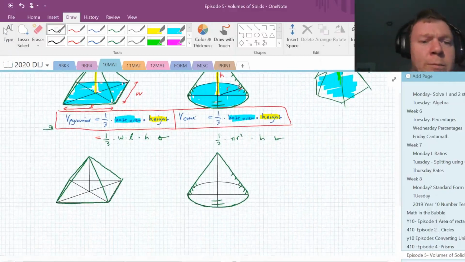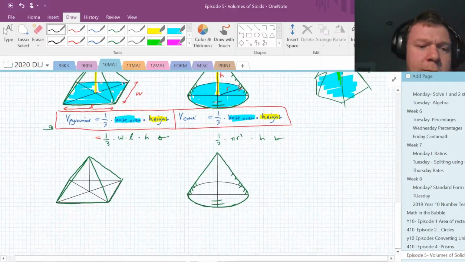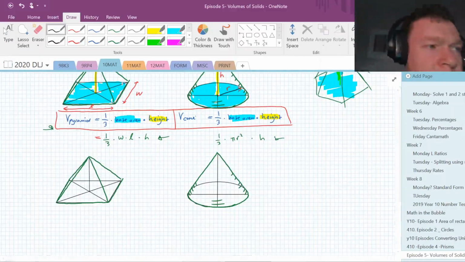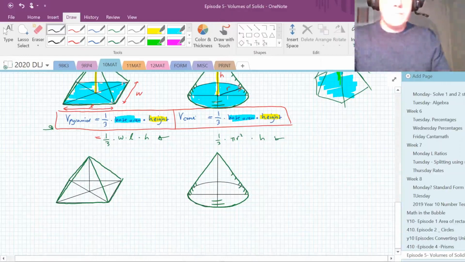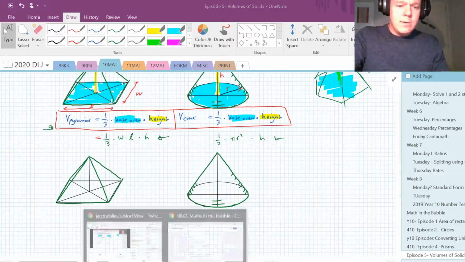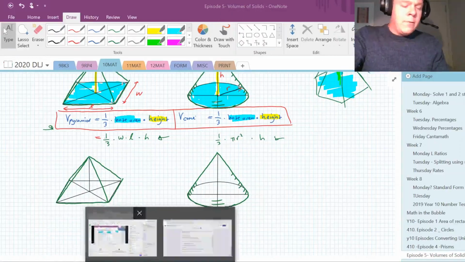Alright, let's do one problem. So I might just, let's Google the dimensions of the Pyramid of Giza.